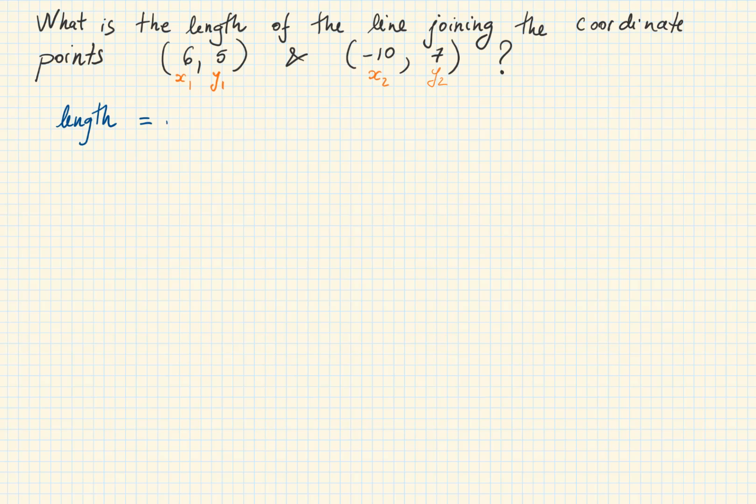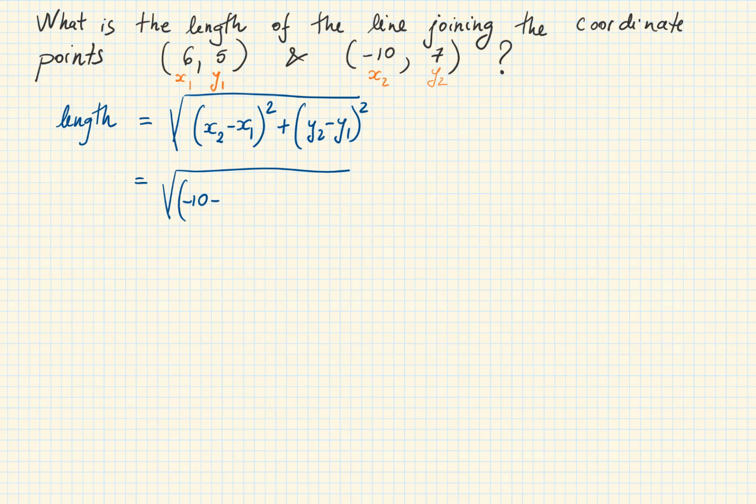The length will be given, as we have seen in the previous example, by the square root of x2 minus x1 all squared plus y2 minus y1 all squared. And actually, even if you swap these, if you do x1 minus x2 instead and y1 minus y2 instead, you will still get the same result.